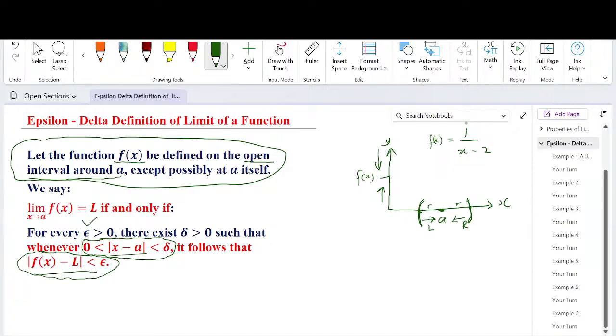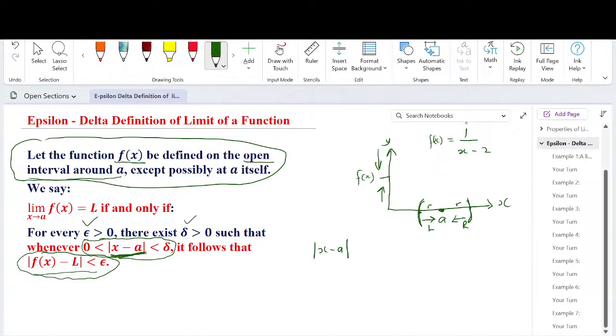If epsilon is positive, then automatically the delta value must also be positive. There must be a delta value.